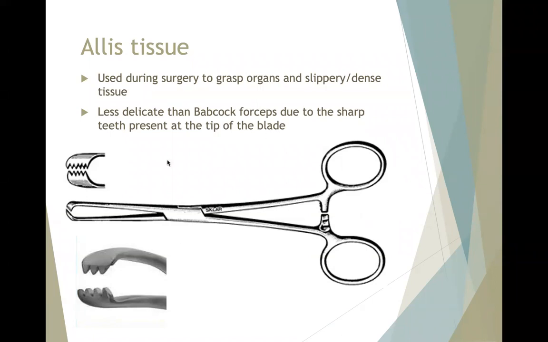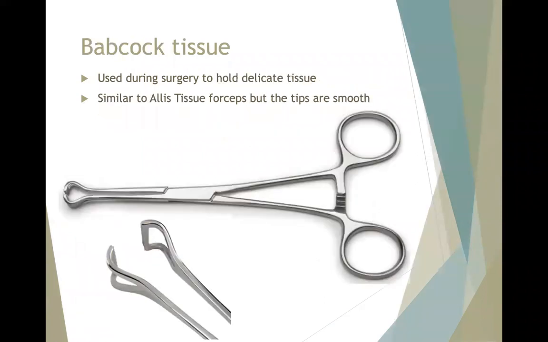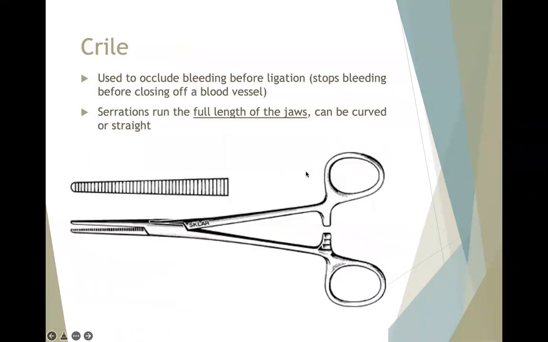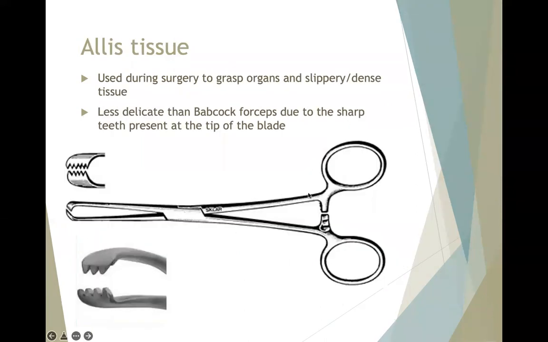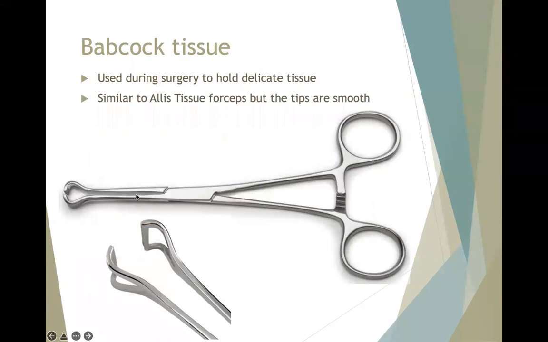Now, the difference between looking at our Allis tissue forceps, another type of tissue forceps we have are these Babcocks. Right off the bat, you can see that the handle and the locking mechanism are very similar to the Allis. Very similar if you're just looking at the handle of the tool. Now it comes down, same with the jaws on both sides being smooth, but the difference is right at the end, the Babcocks have a smooth ending here.